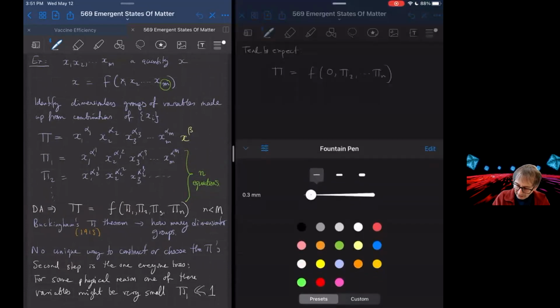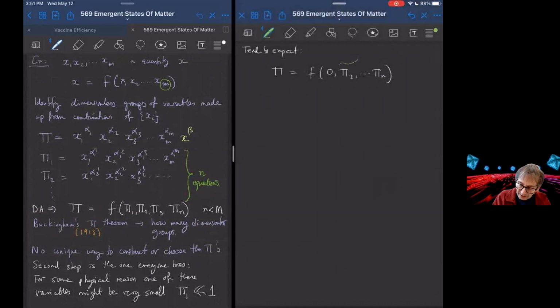And so why this is nice is because now I've only got n minus 1 variables to worry about. So it looks like this, and of course then there's a correction term here, which is going to be of order pi1. And so that's the usual thing, that most of the problems that you've been taught in physics are in this category.